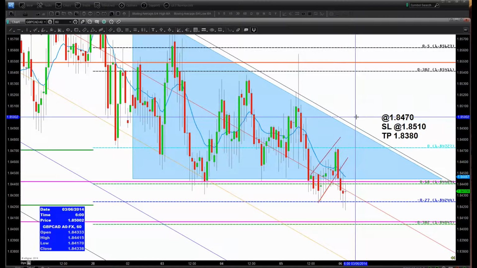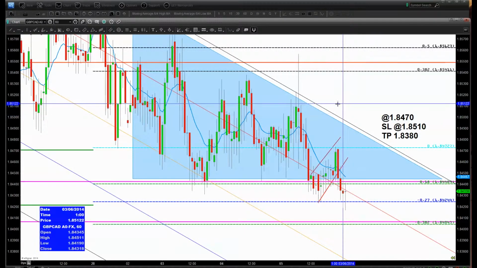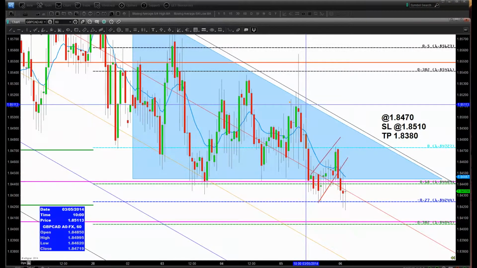Now, 185.10, as you can see, is this area. And right here is a big resistance. You see this resistance being built over 1, 2, 3, 4, 5 hours. There was a big area of resistance.